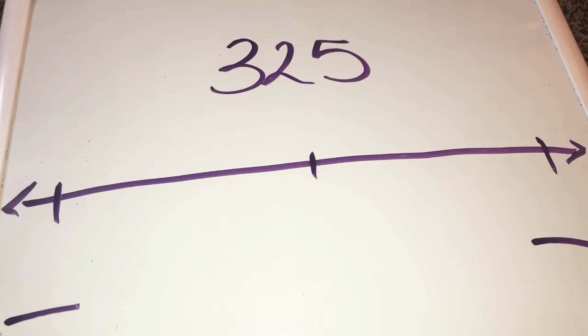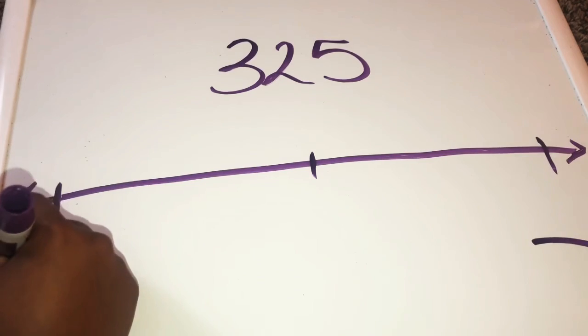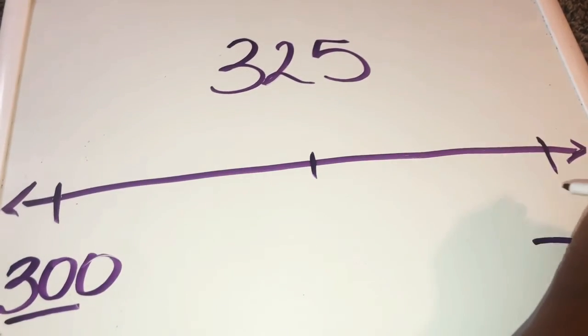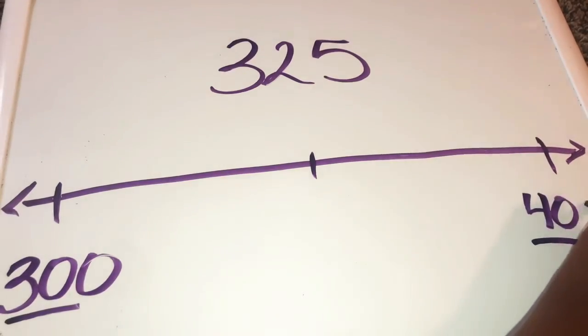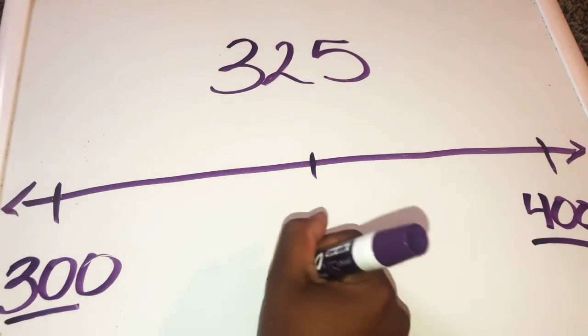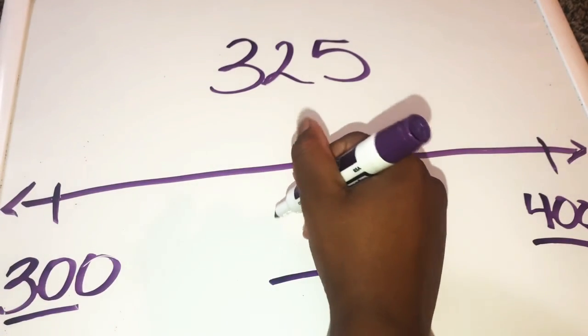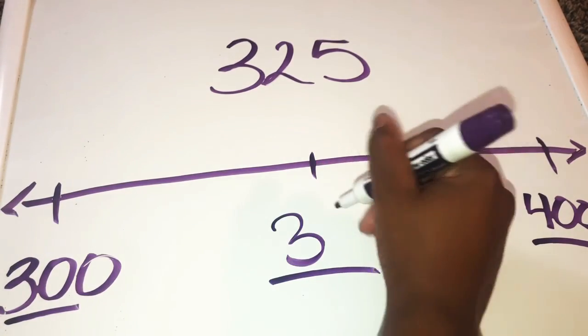Now let's figure out what two multiples of 100 are the closest to 325. You may use your number grid in your workbook if you need to. The two multiples of 100 are going to be 300 and 400. What number goes directly in between 300 and 400? That's right. 350 is between 300 and 400.